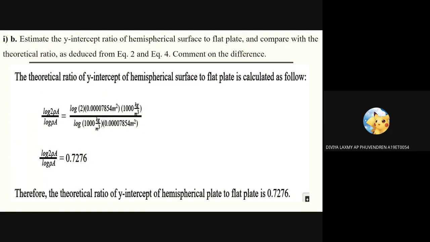Part 1b is about estimating the y-intercept ratio of the hemispherical surface to the flat plate and comparing with the theoretical ratio as deduced from equation 2 and equation 4. Comment on the difference. The theoretical ratio of the y-intercept of the hemispherical surface to the flat plate is calculated as follows: log of 2 times density times area for the hemispherical surface, while log of density times area is for the flat plate.